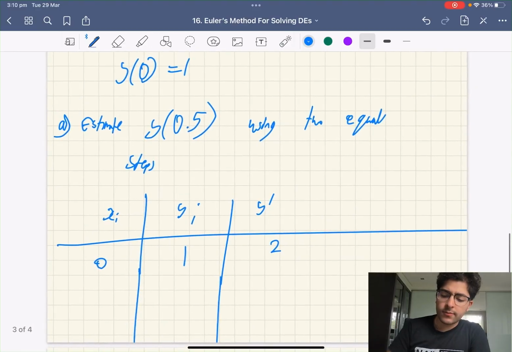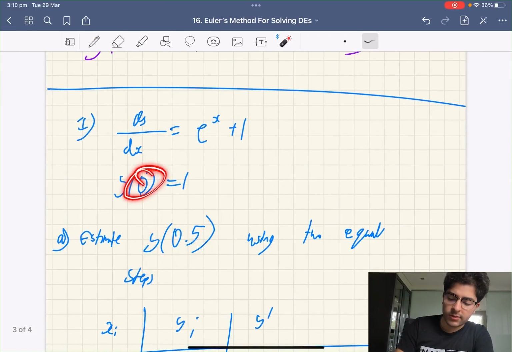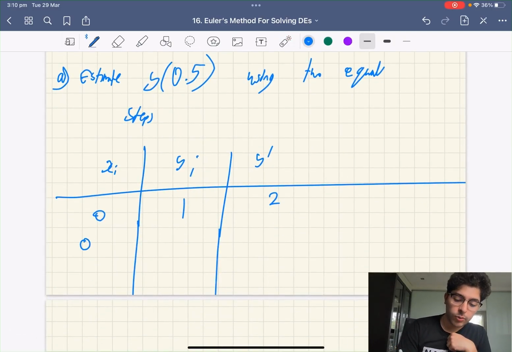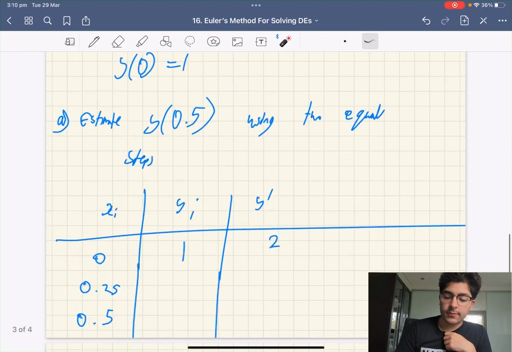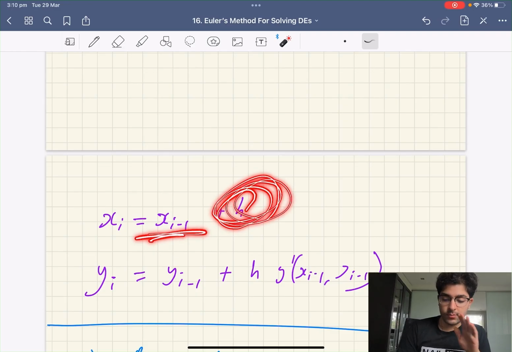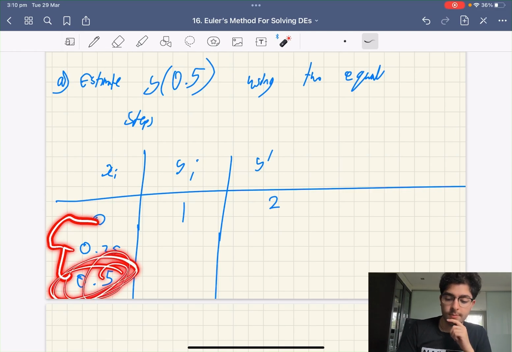We wanted to find y(0.5) using 2 equal steps, so we are going from 0 to 0.5. Two equal steps would be 0.25 as our next number and then 0.5 as our final x coordinate. The step size h is 0.25, because we're going up by 0.25 in each step till we get to our final coordinate.